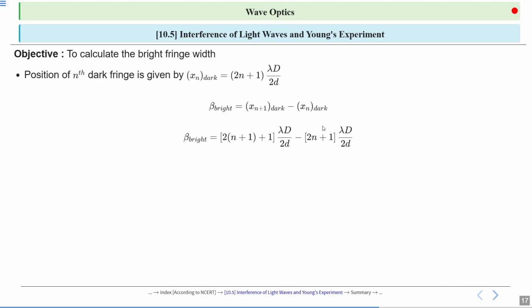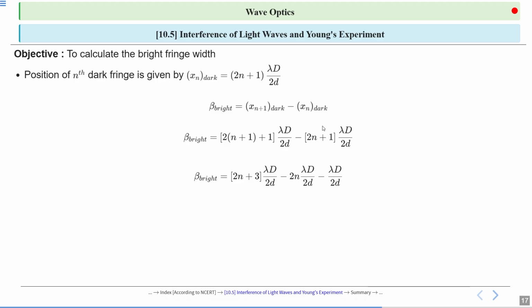This shows us how the positions of consecutive dark fringes are used to find the bright fringe width. Simplifying further, we get beta bright equal to (2n plus 3) lambda D upon 2d. Separating it, the second term becomes 2n lambda D upon 2d minus lambda D upon 2d.